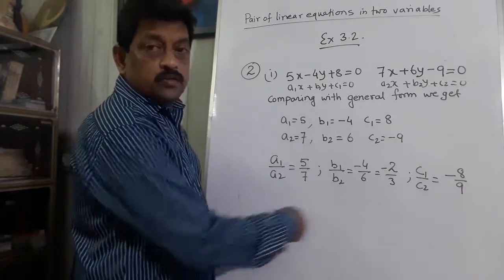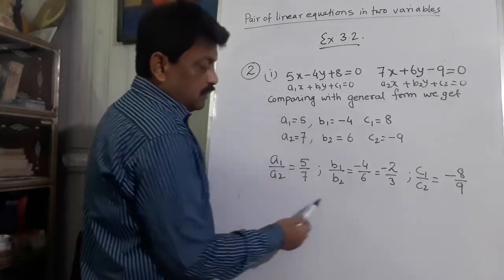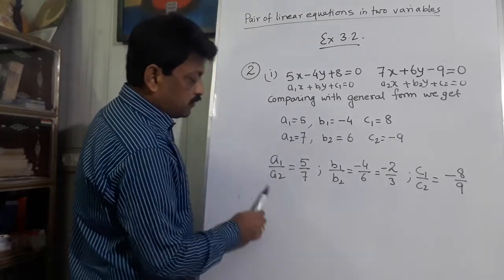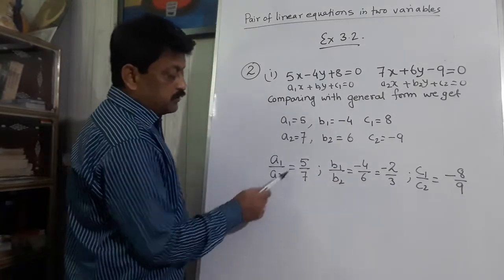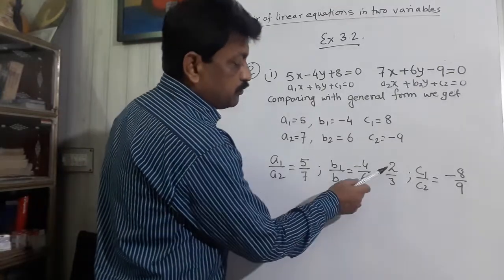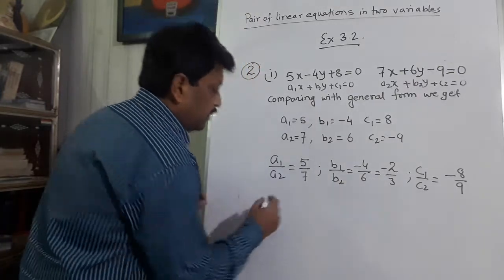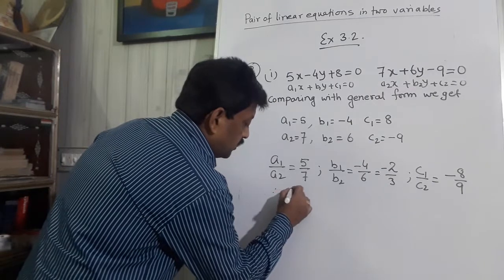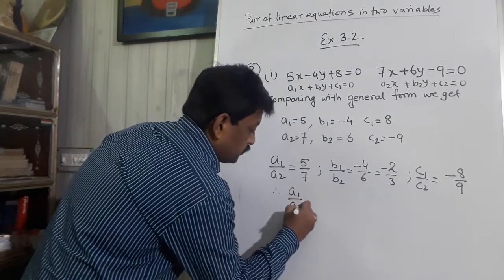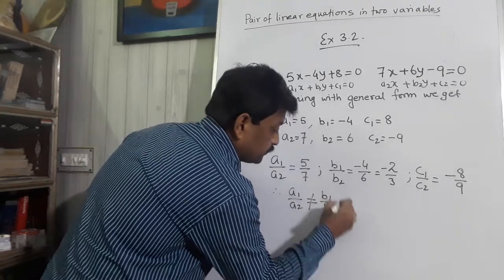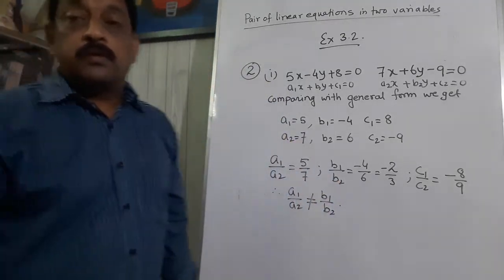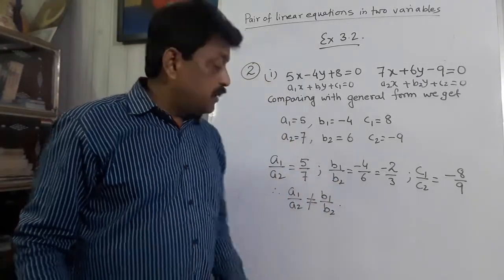It is quite clear from the result that a1 by a2 and b1 by b2, they are not equal, because a1 by a2 is 5 by 7, b1 by b2 is minus 2 by 3. Therefore we can say a1 by a2 is not equal to b1 by b2. So what kind of lines they represent?